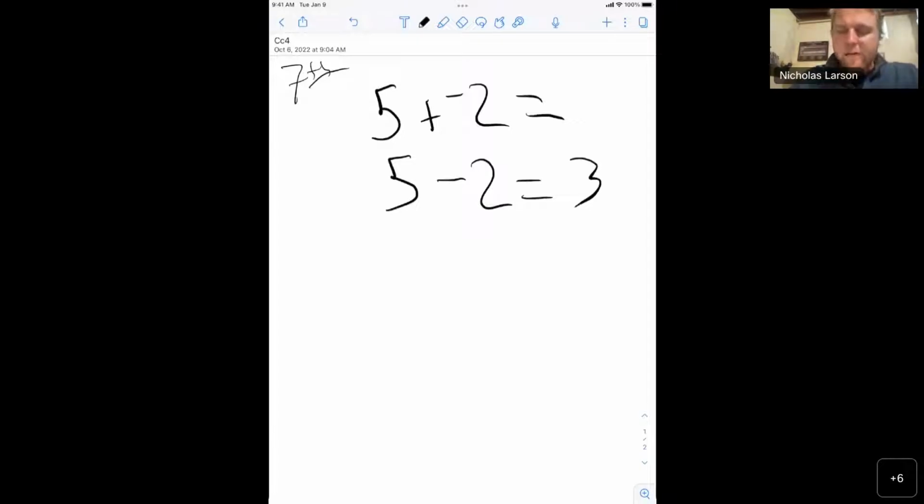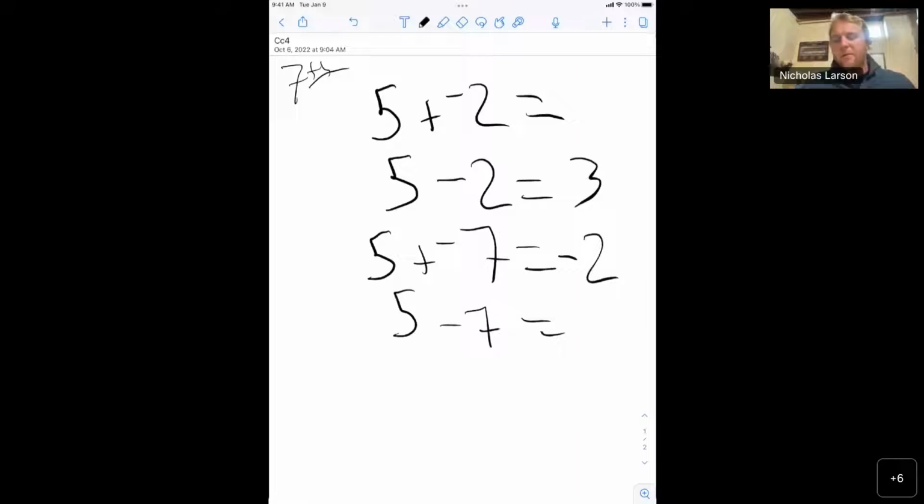Now you might say, well, what if I had more negatives than positives? That's fine. If you take 5 plus negative 7, that's like I have $5 and someone's taking $7, or I spent $7. That's really like saying, hey, I actually owe someone $2. I have negative $2 because when we add a negative number, it's really like subtracting.